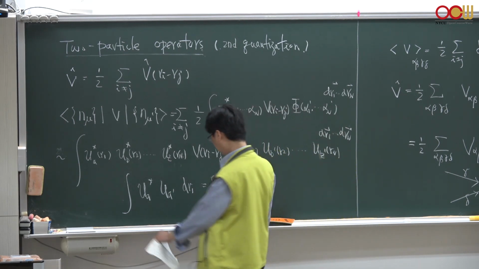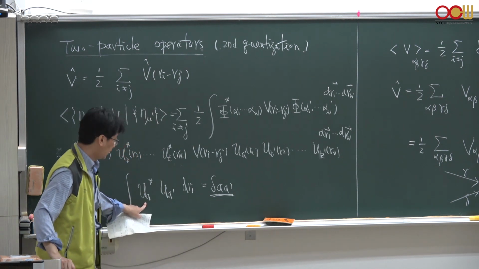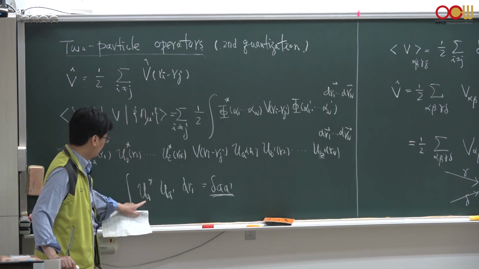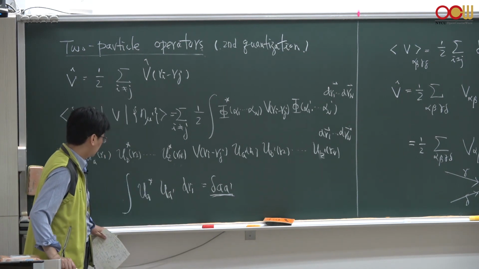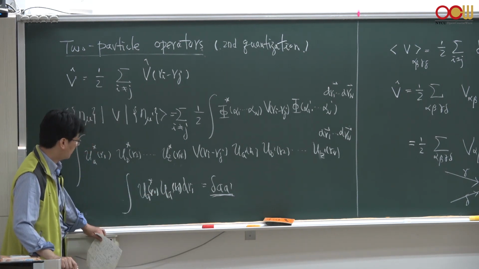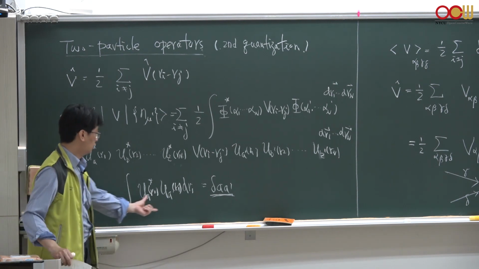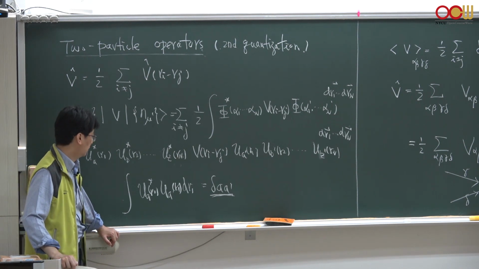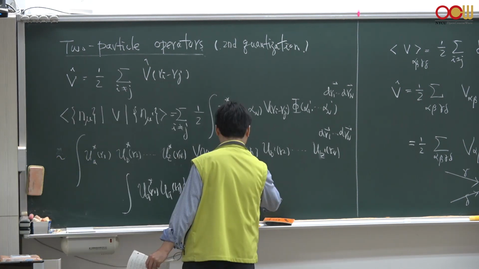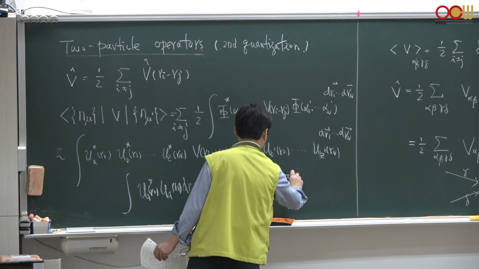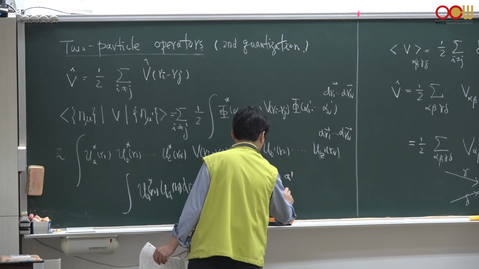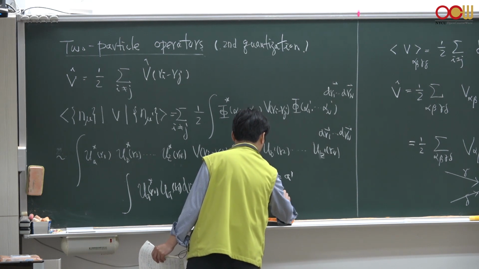If we calculate the overlap between U_A and U_A prime and integrate over R1, both for a particular particle at R1, that integral should become a Kronecker delta, delta AA prime, which means it is 1 if the label for this quantum state is the same as A prime, and 0 otherwise.